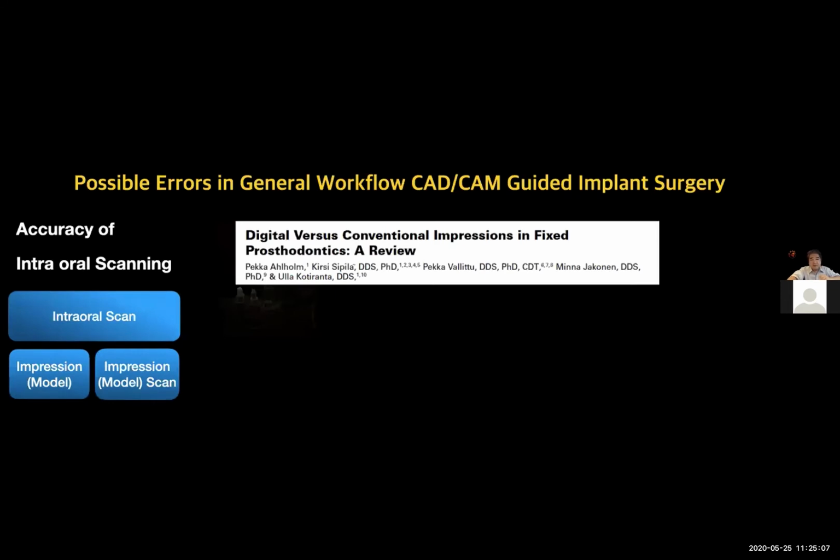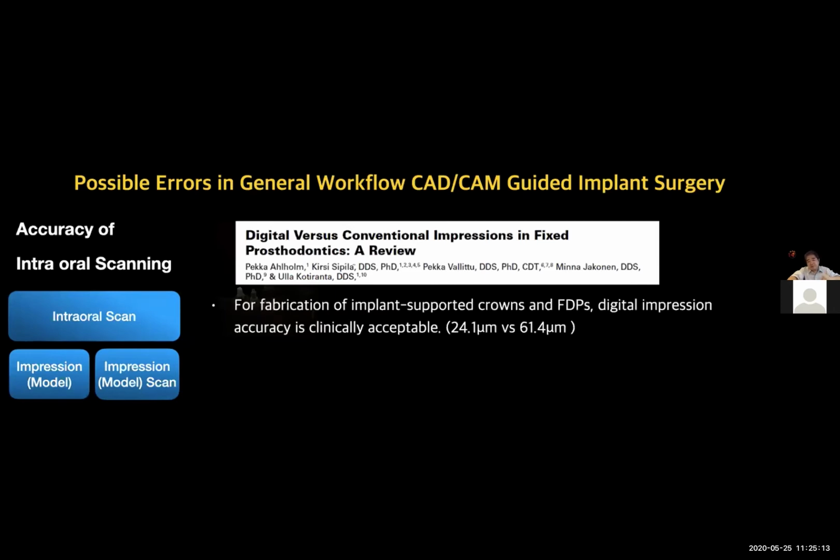And also, I'd like to point out the accuracy of intraoral scanning. This article shows the accuracy of the intraoral scanning, comparing the conventional way and the intraoral scanning with three-dimensional reconstruction. What they're saying is if it's a single unit, then the error of the conventional is 21 micrometers, 24 micrometers, and digital is 61 micrometers.